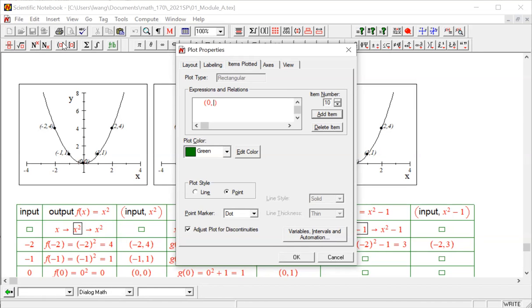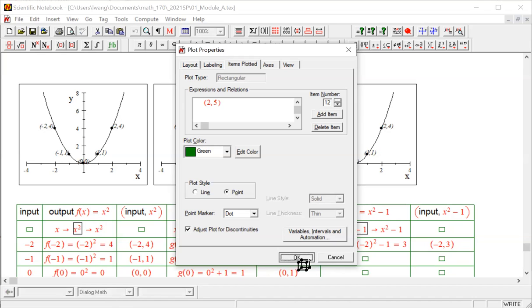For the next point, 0, the output on x squared is 0. Now for the new output, x squared plus 1 is going to be 1. For the input of 1, under the rule of x squared, the output is 1. Now under the new rule, x squared plus 1, that's going to be 2. And the fifth point is going to be 2, 5.